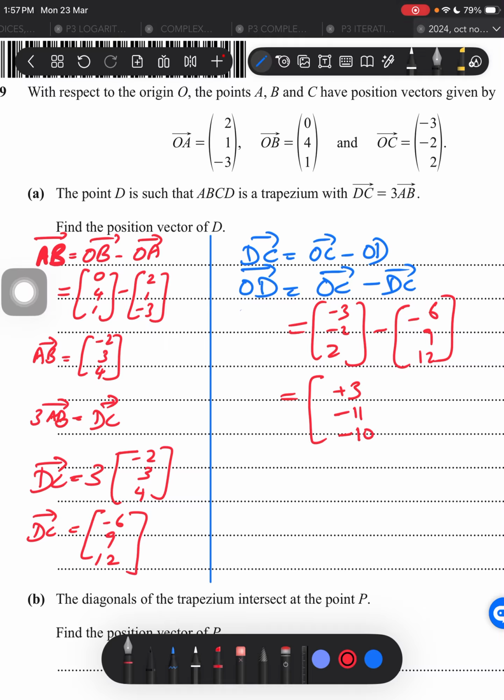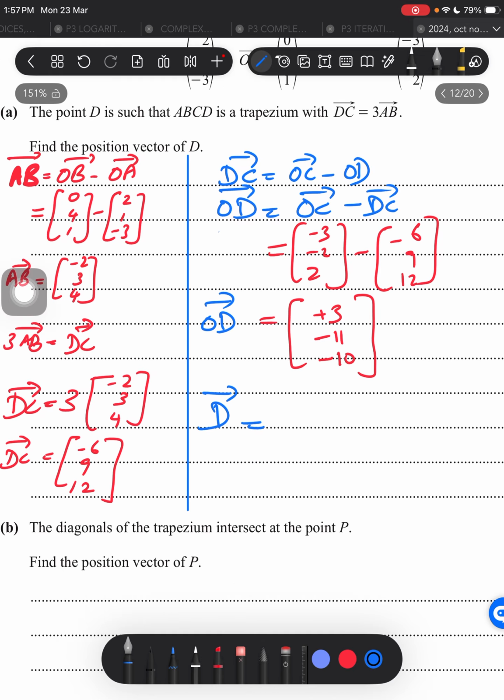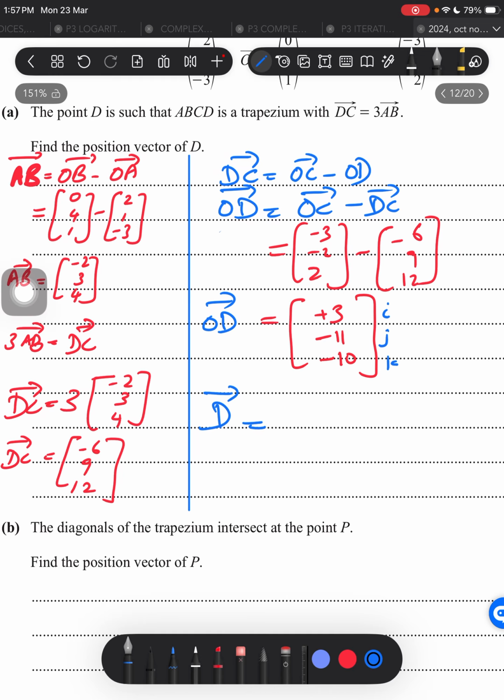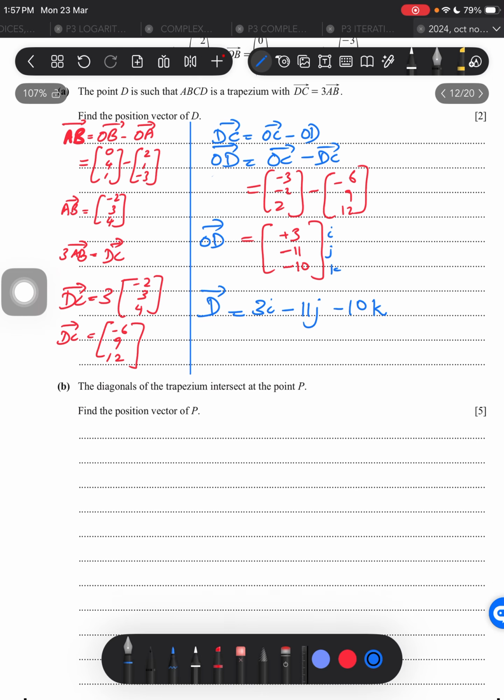Yeah, it's correct. That means that was also correct. So OD is this, or we can say the position vector D, written in ijk, is 3i minus 11j minus 10k. That was part A.